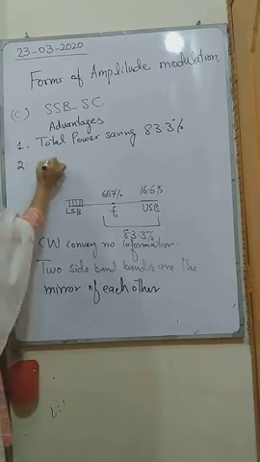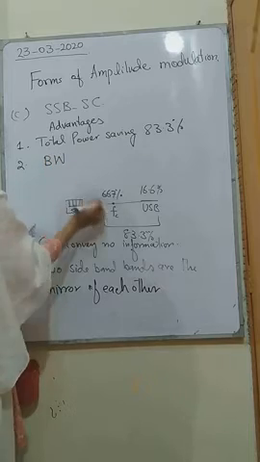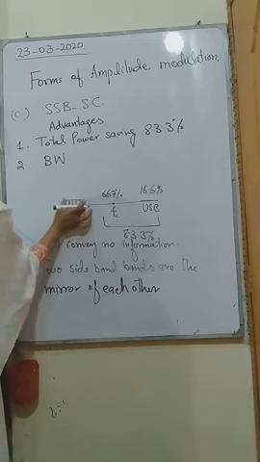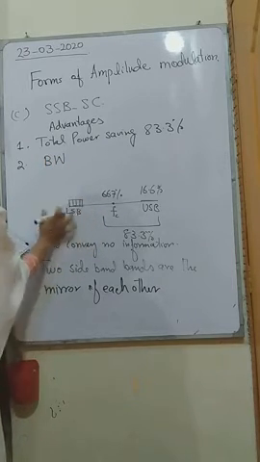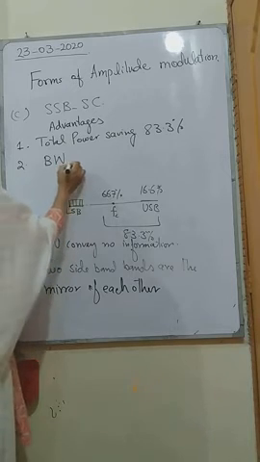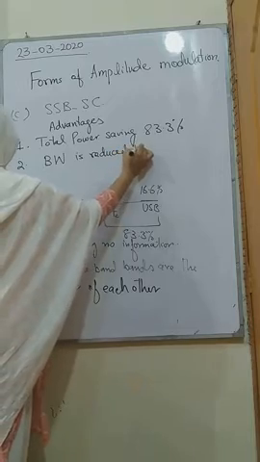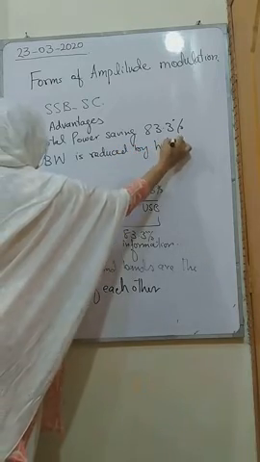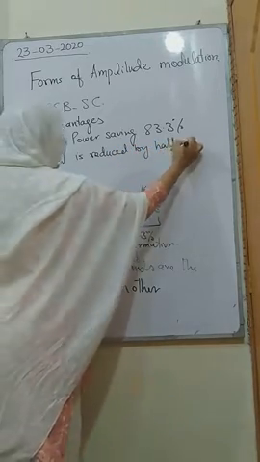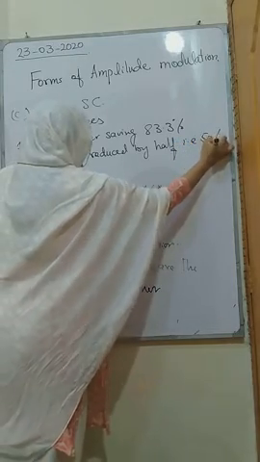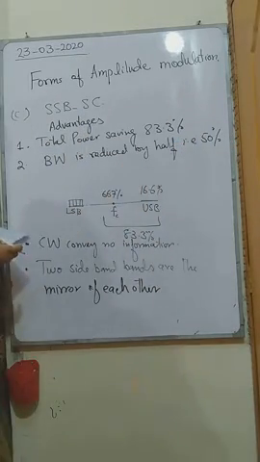Number two is the bandwidth. The bandwidth is very narrow because it consists of just this one band. The bandwidth is reduced by half, that is 50% of the modulated wave.